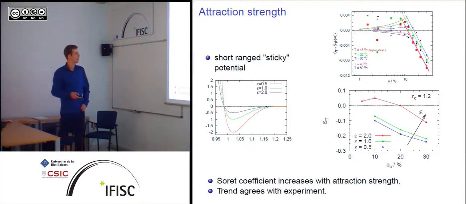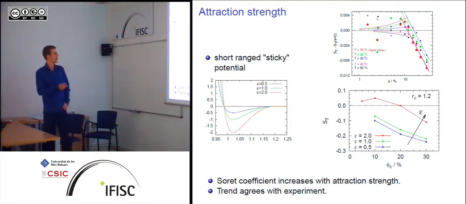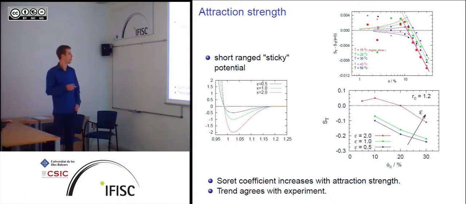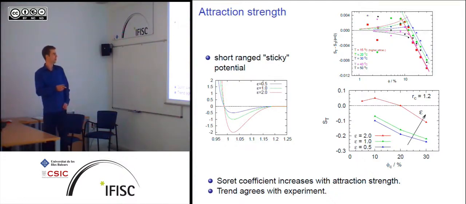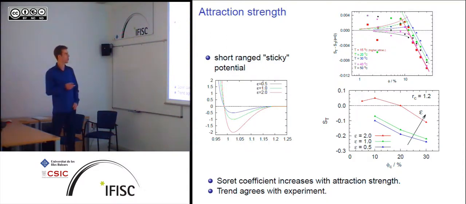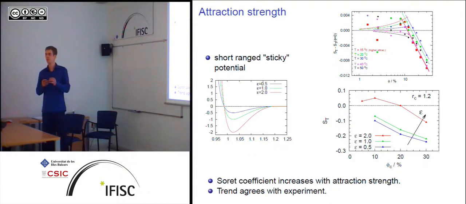And in the next step, we wanted to study the effect of the interaction strength, where we use the potential that we named the sticky potential, which is much more short range than the Lennard-Jones potential, as it also is assumed to be with the colloidal particles.